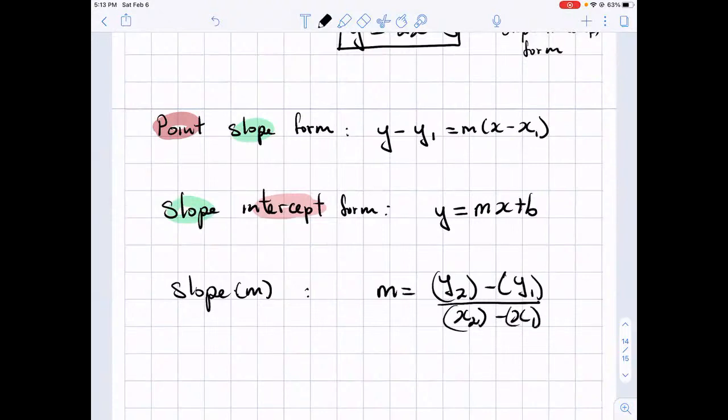And please remember that the x always goes in the denominator. And this is the formula to find the slope. So these are the three different equations or forms that we use when we're looking at a linear equation. You should always try some examples on your own to become better at this.